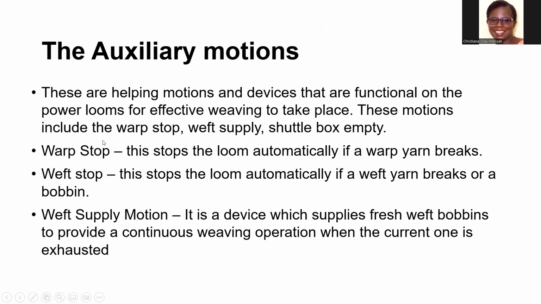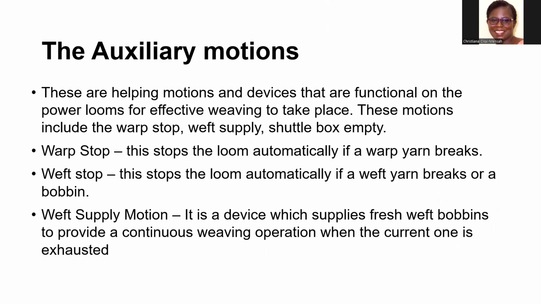So when there is warp stop, this stops the loom automatically so that we do the right thing and start the loom again. There is the warp, one of them is what? One of the yarns has broken. So we need to amend that yarn so that we can start the loom.